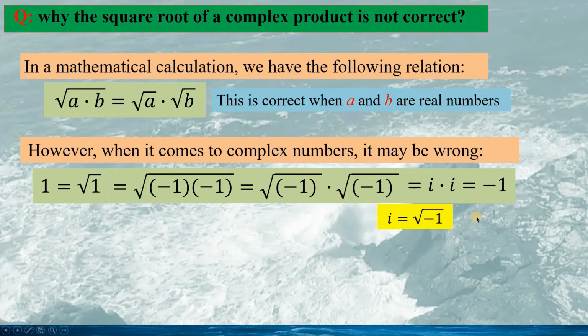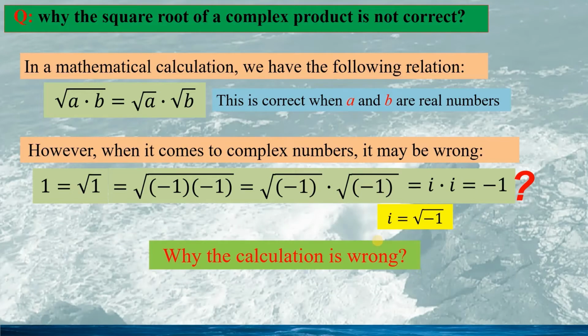Here, i is the imaginary unit. So we can see the calculation. We start from 1 and the result would be minus 1. So what the problem is in the calculation, or why the calculation is wrong?